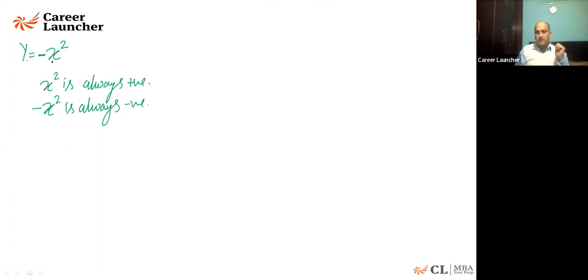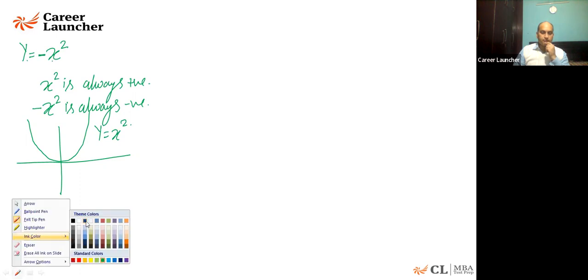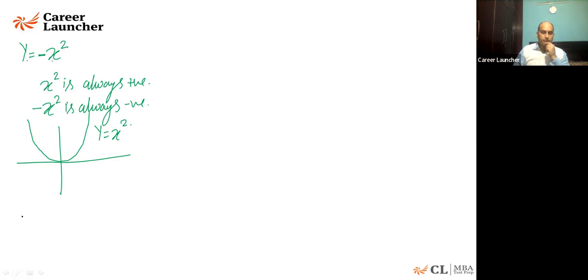So y is equal to x square is a figure. This is y is equal to x square. What about y is equal to minus x square? This is the figure y is equal to minus x square. I'm sure it is clear.